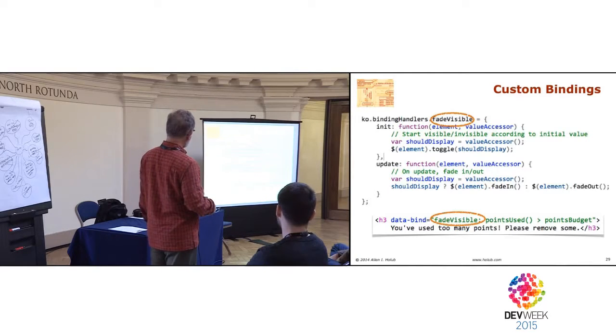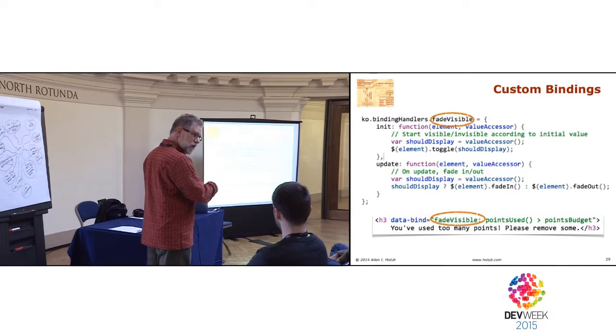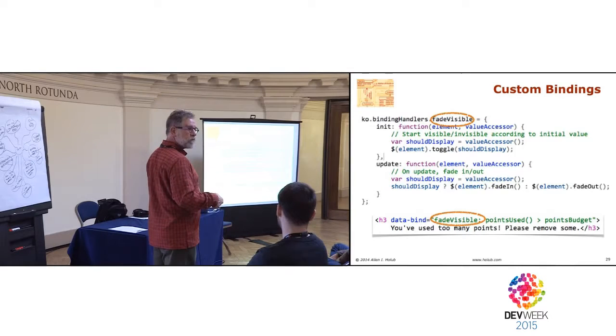So I'm adding a field to the binding handlers object. And that field has to have an init method and an update method. The init method is called once when the thing is bound, and the update method is called every time the thing is modified in some way.